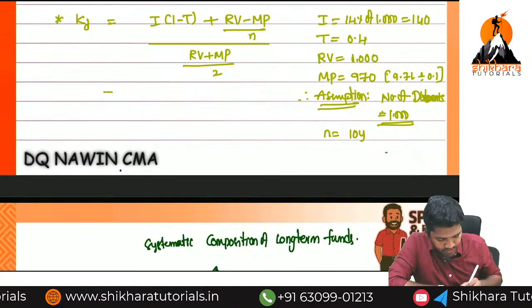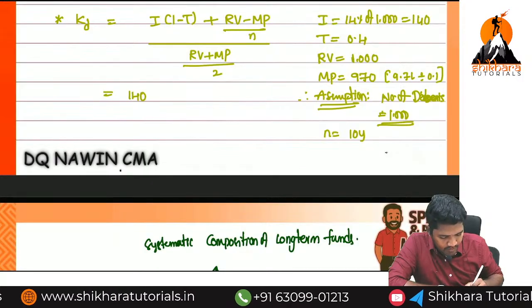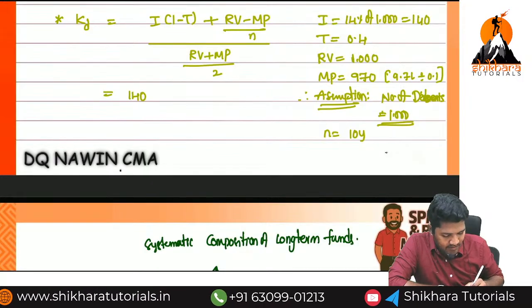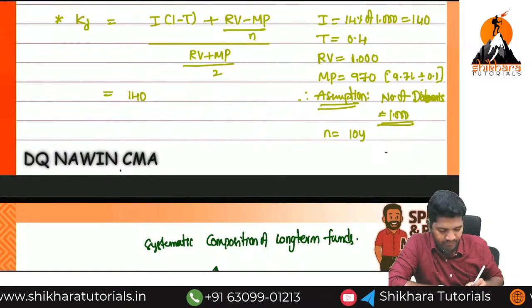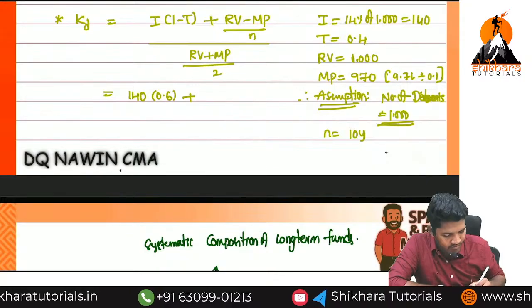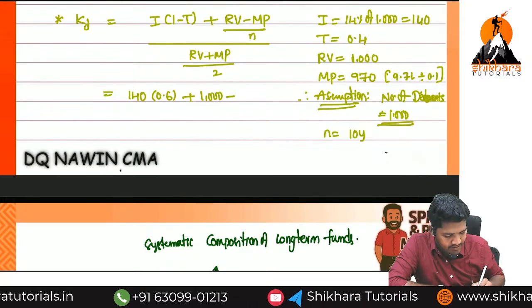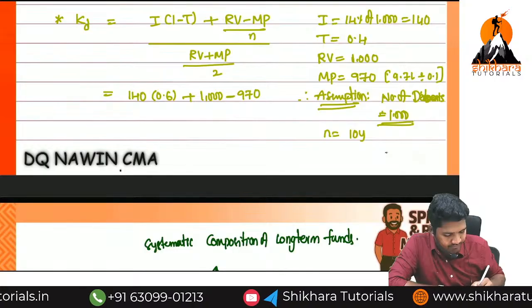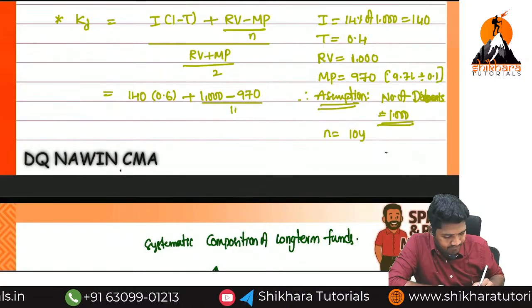Now please substitute interest 140. What about the tax? 1 minus tax. Can I take directly 0.6? 0.6 plus repayment value 1000. Market price 970 divided by 10.